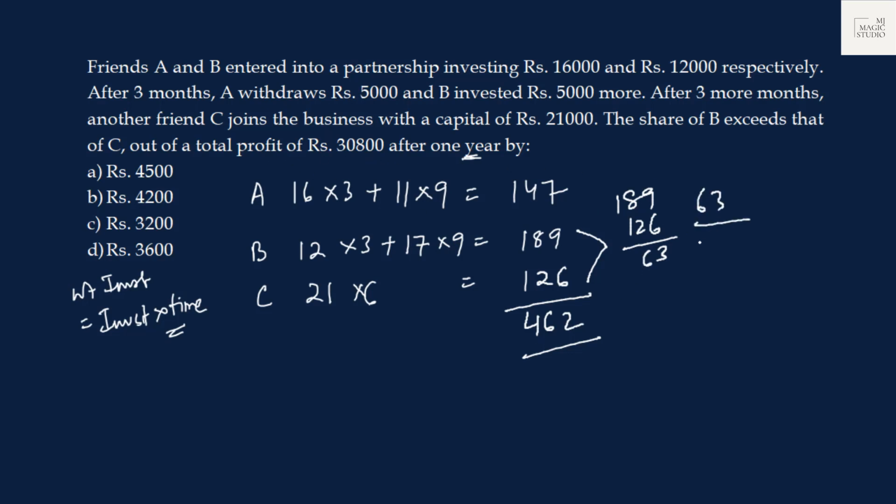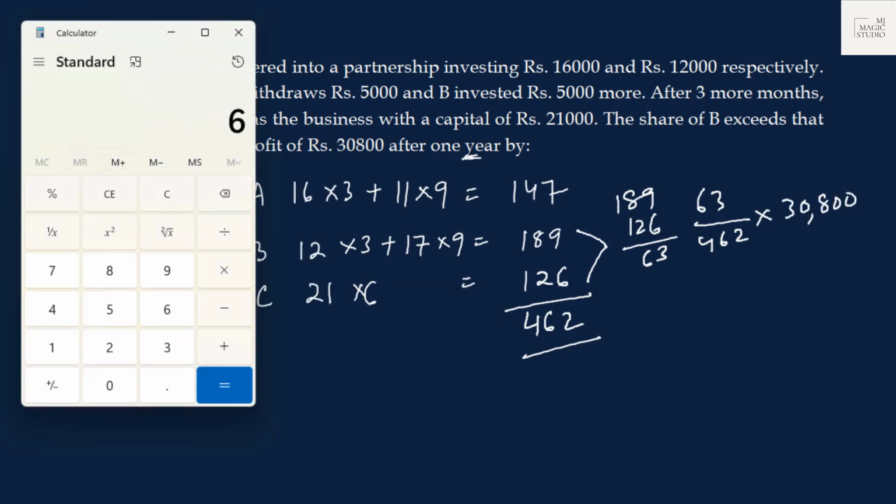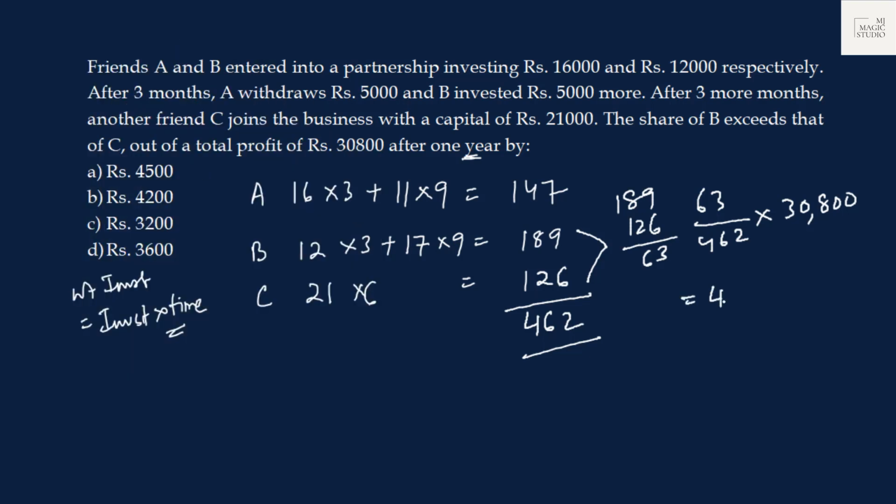It should be 63 by 462 into the total. Let's use this. 63 into 3800 divided by 462. This gives 4200. So B got 4200 more than C. Option B is the fit.